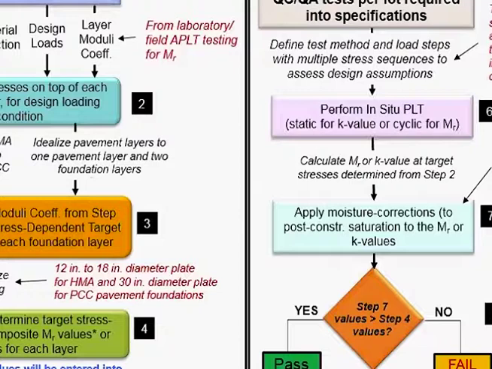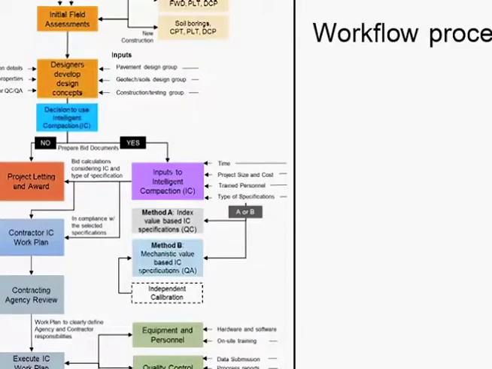So in the field, what we're doing a lot of right now is plate load testing, either in static mode or cyclic mode, to match those up with the design values. And there's a lot of detail in this, but the workflow process to make this happen within an organization can be a bit complicated.